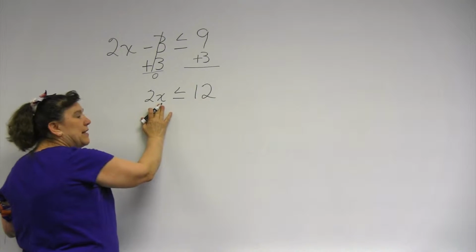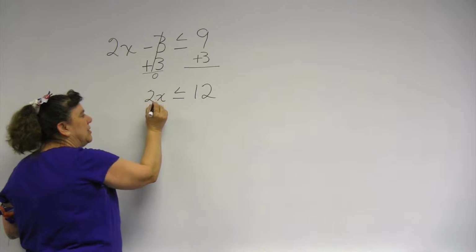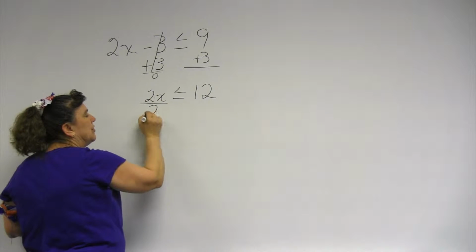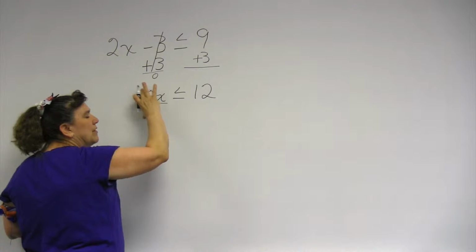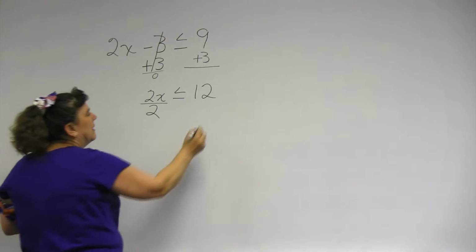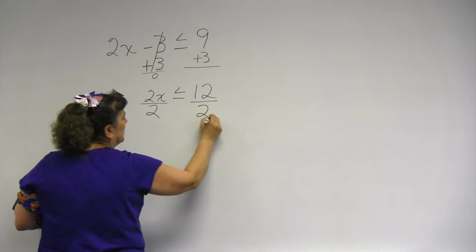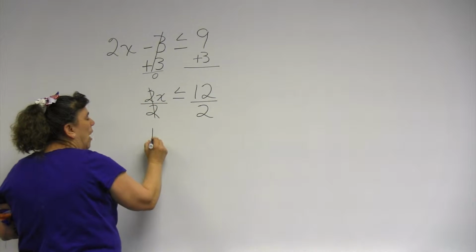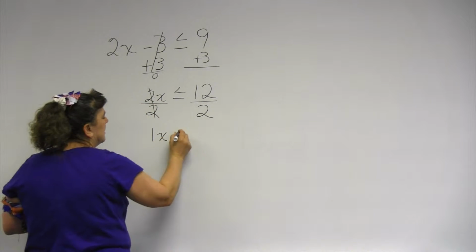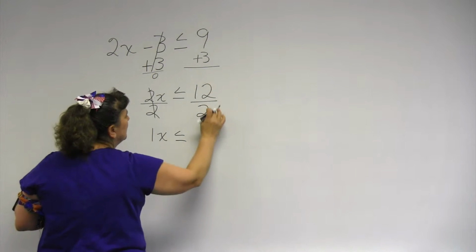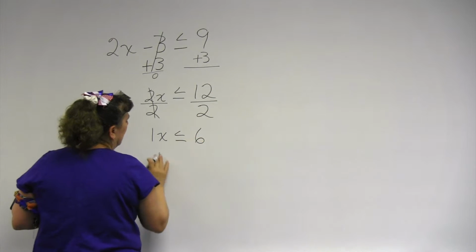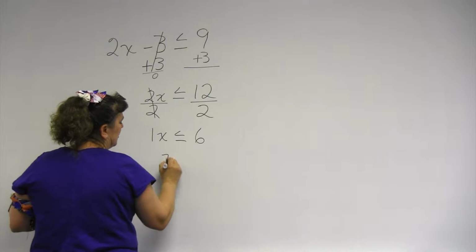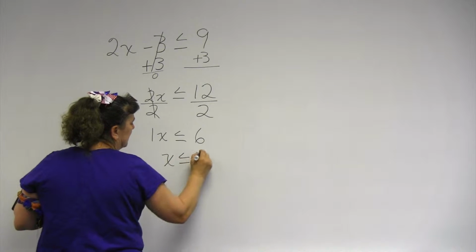How do I get x by itself? This is a multiplication. To undo multiplication, you divide by the exact coefficient that's in front of the x. And then you do the same to the other side. 2 divided by 2 produces the number 1. So you have 1x is less than or equal to 12 divided by 2 is 6. Or 1x is the same as just x, less than or equal to 6.